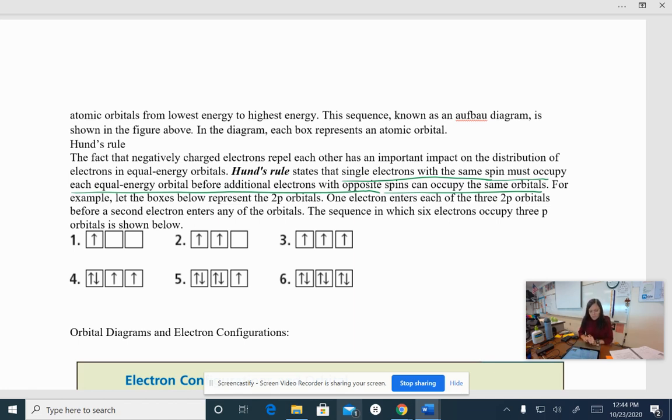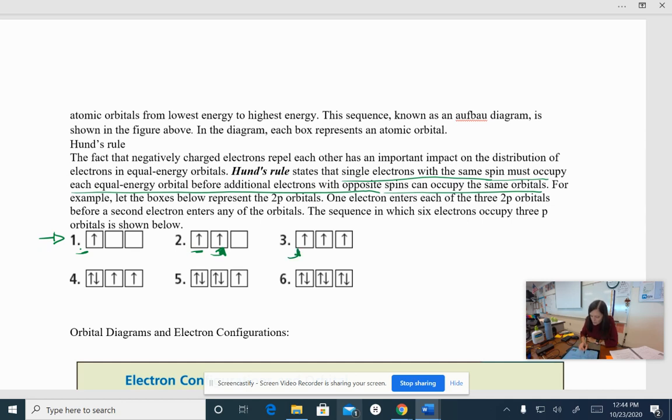For example, let the boxes below represent 2p orbitals. 1 electron enters each of the 3 2p orbitals before a second electron enters any of the orbitals. So we will go in sequence. We will have the first electron coming in here. The second will take the next orbital so it doesn't have to share.